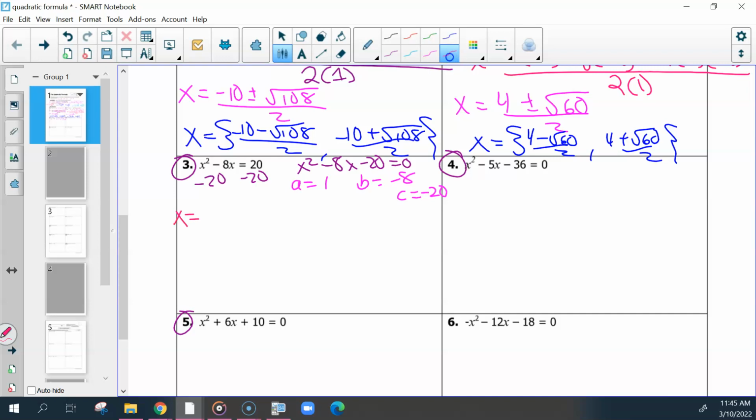x equals negative b plus or minus the square root of b squared minus 4 times a times c all over 2a.